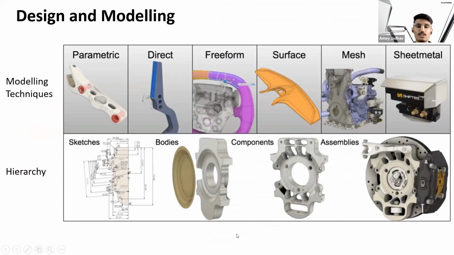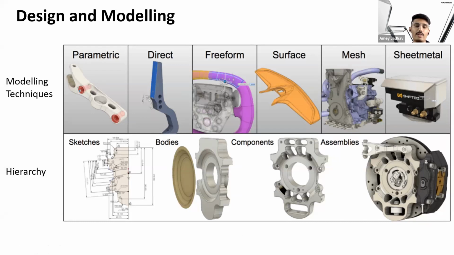Fusion 360's UI is very simple, as I said. It has exactly 5 to 6 workspaces. It basically works on parametric modeling, so whatever you design is saved in parametric form.